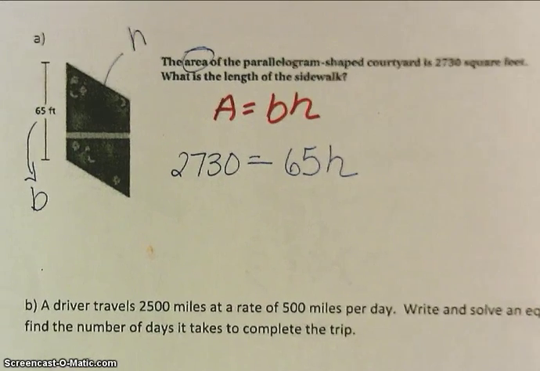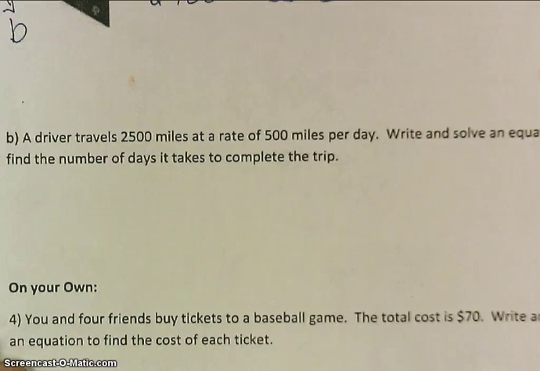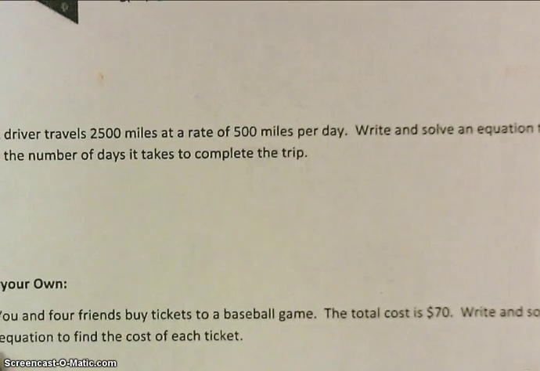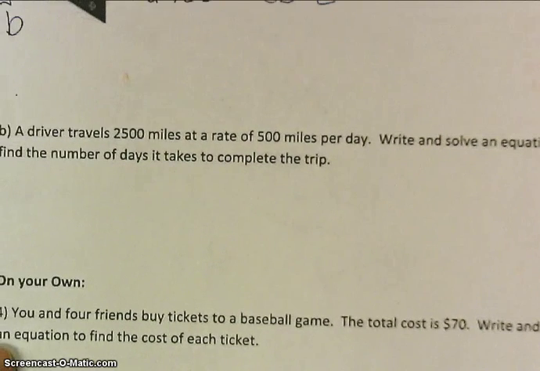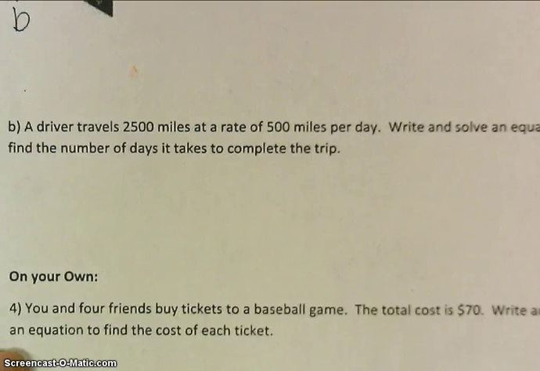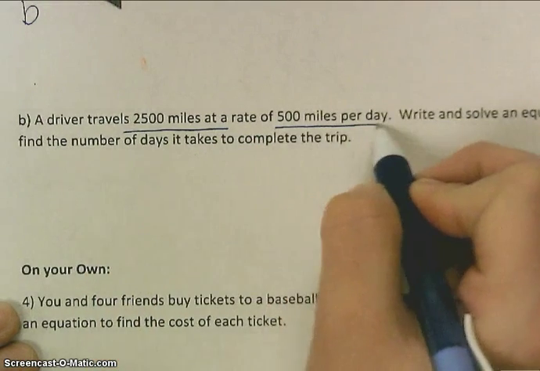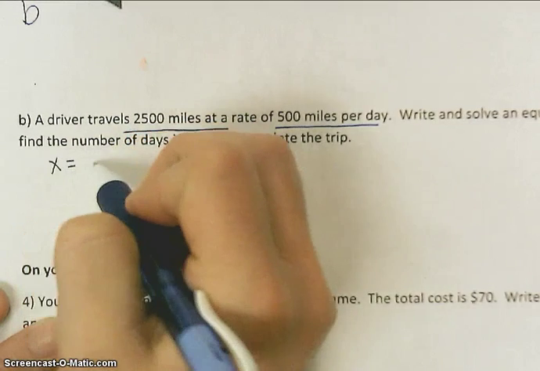Let's look at B. A driver travels 2,500 miles at a rate of 500 miles per day. Write and solve an equation to find the number of days it takes to complete the trip. Well, I know that I traveled 2,500 miles and 500 miles per day. So I don't know the days. So X has to be the days.